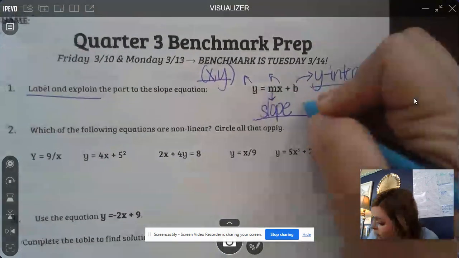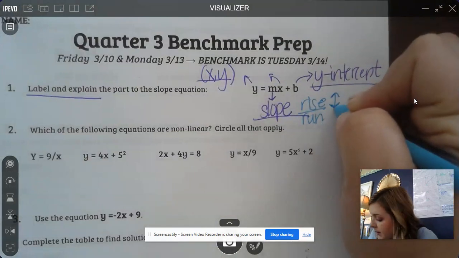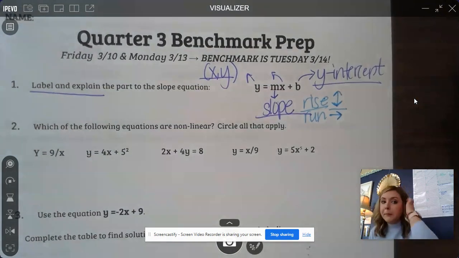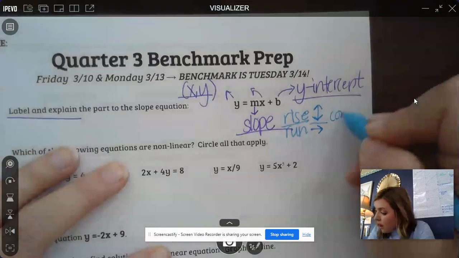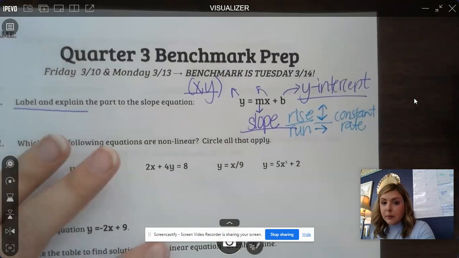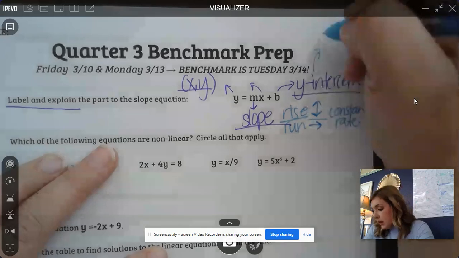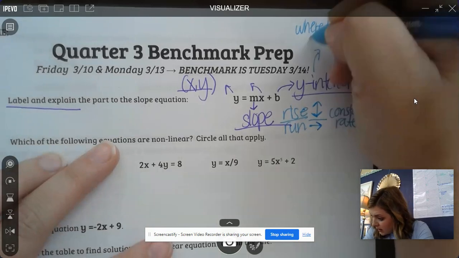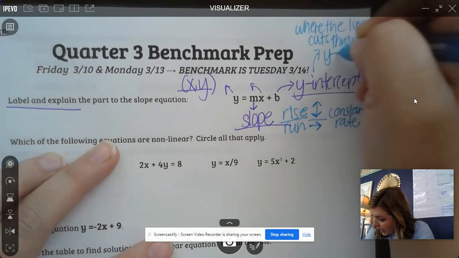Slope is, of course, rise and run, where rise moves up and down and run goes to the right. We also know that as a constant rate. Y-intercept is where the line cuts through the y-axis.